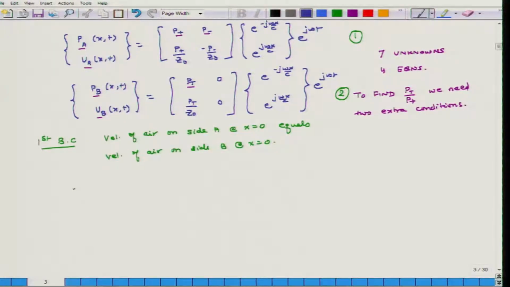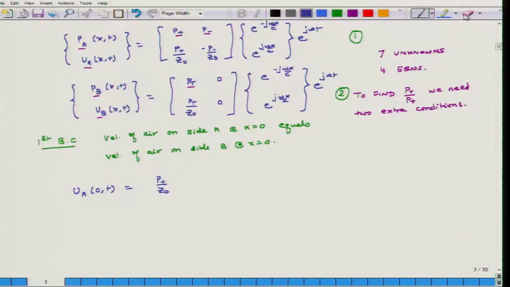So, UA at 0, t is equal to P plus by Z naught, and if I put x is equal to 0 in exponential terms, e^(jωx) and e^(-jωx), everything will be 1.